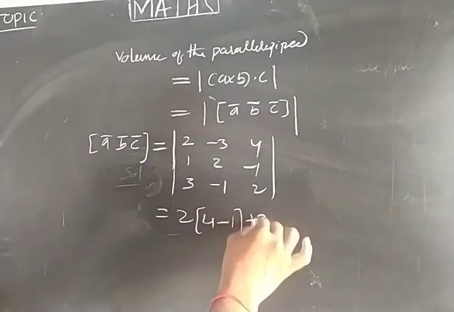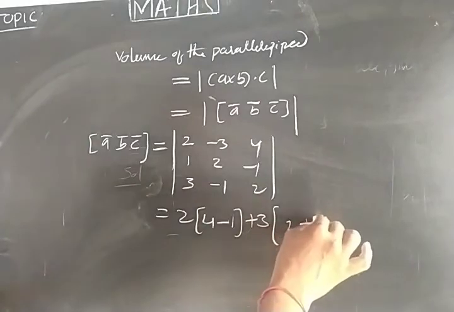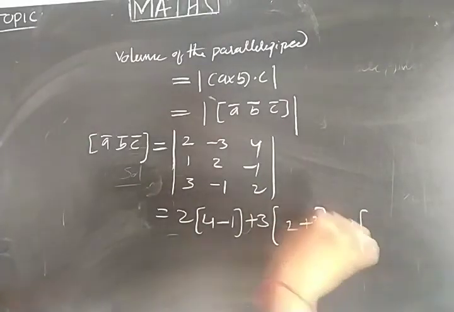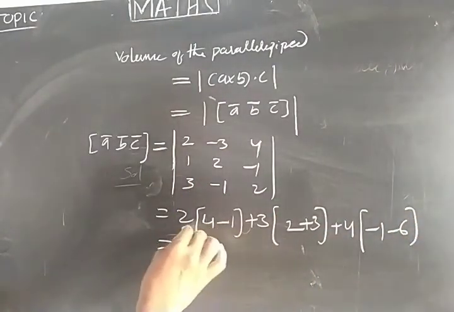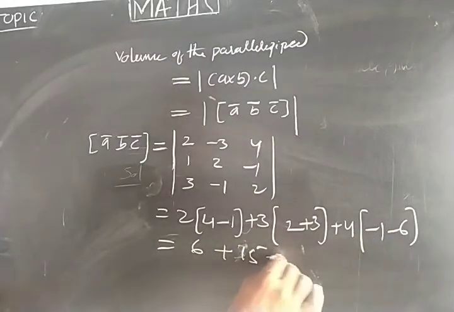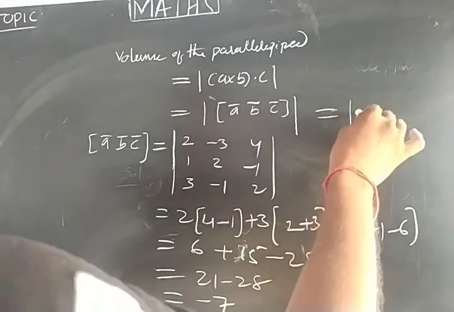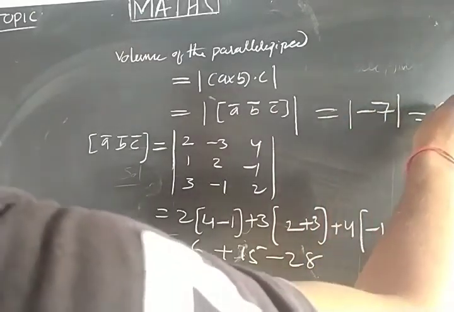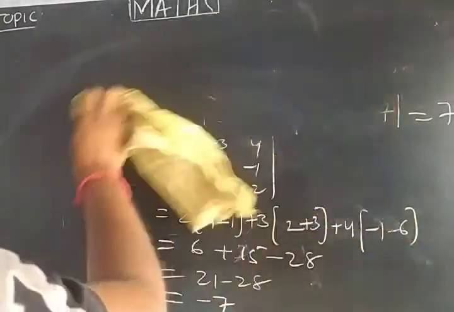Minus of minus 3 times, removing column and row, 1 times 2 is 2, 3 times 1 is 3, plus 3, plus 4 into minus 1 minus 6. So here 3 times 2 is 6, plus 3 into 5, 15... here minus 7 into 4 is 28, minus 28. 6 plus 21 minus 28 is minus 7. This is bracket ABC, but I need the volume of the parallelepiped. Now the volume of the parallelepiped, modulus of minus 7 will be plus 7. Okay, right.